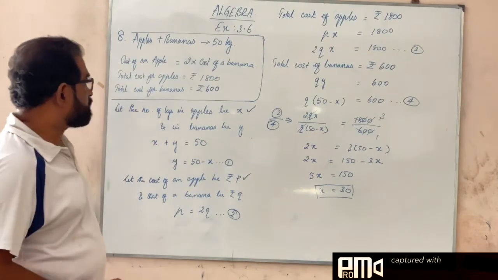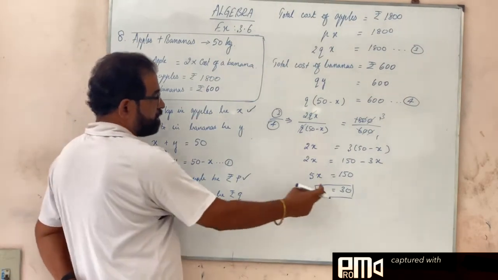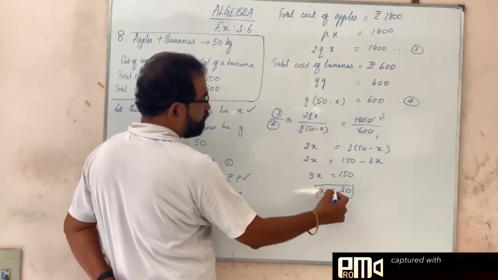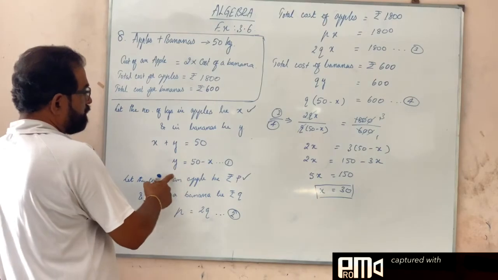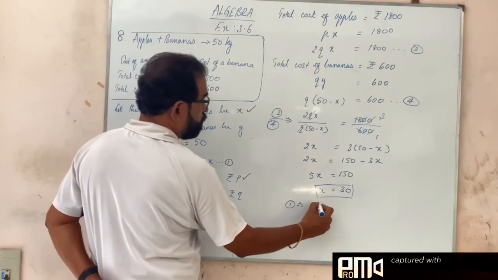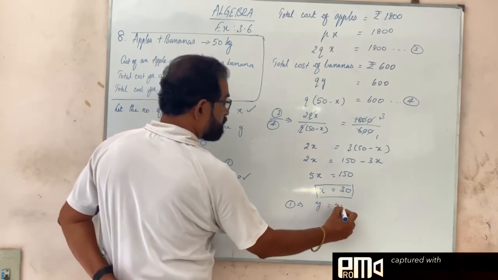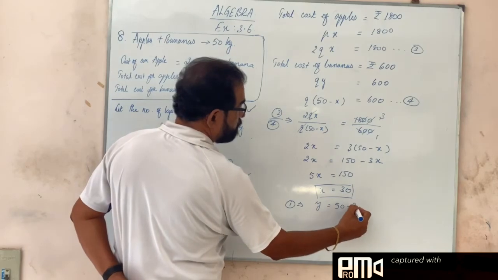So the number of kgs she bought for apples is 30. So x is 30, what is y? Substitute in the first equation: y is equal to 50 minus x.